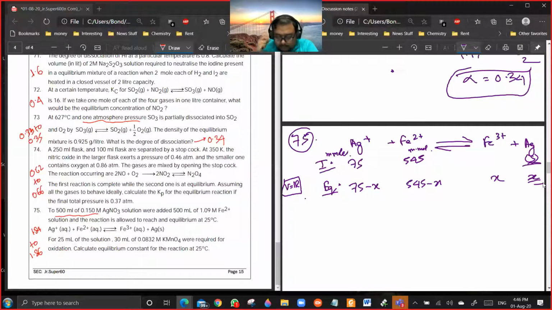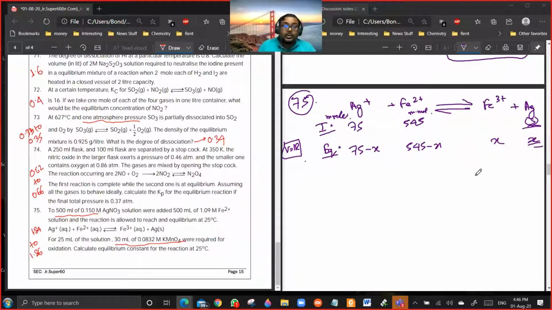Now it is saying that 25 ml of this solution requires 30 ml of 0.0832 molar KMnO4 for oxidation. Now you see, which of these species would undergo oxidation? Fe2 plus.